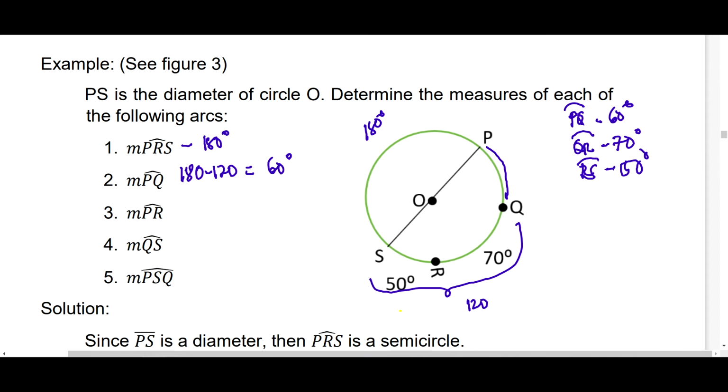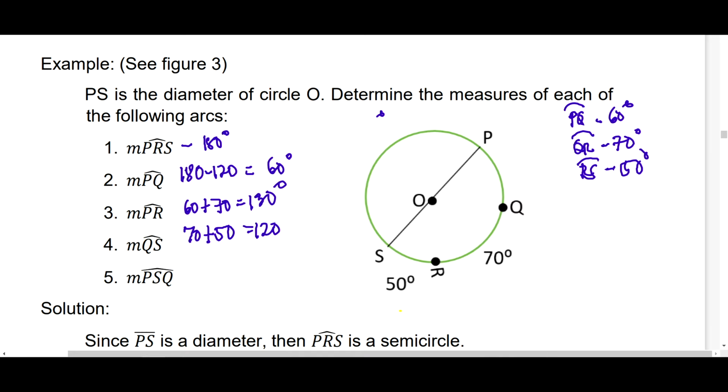Next, arc PR. So if this is 60 and this is 70, so 60 plus 70, that is equal to 130. Arc QS, so that's 70 plus 50, it's equal to 120. And PSQ, malaki-laki yung PSQ.